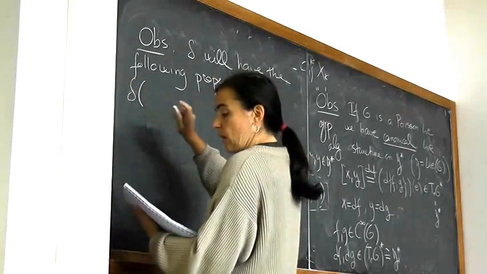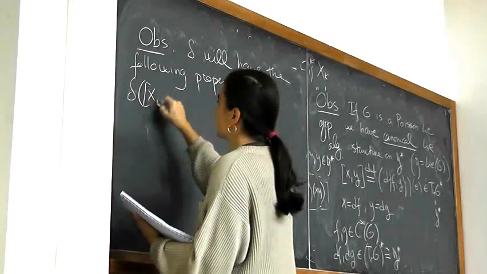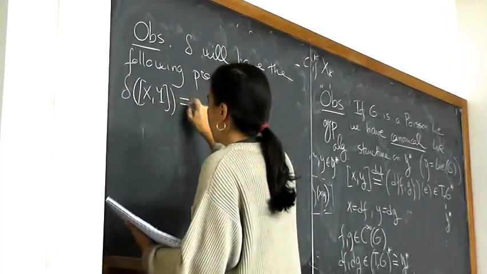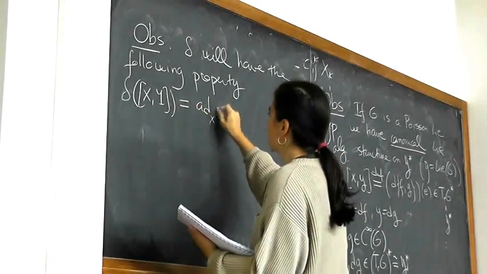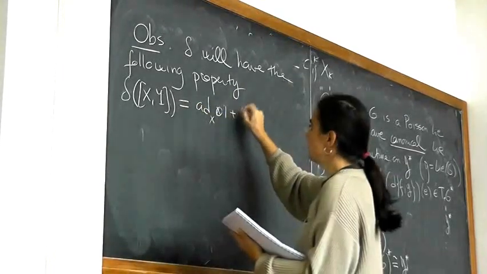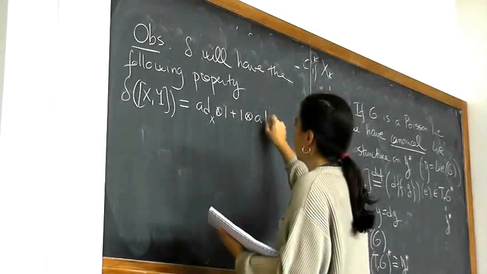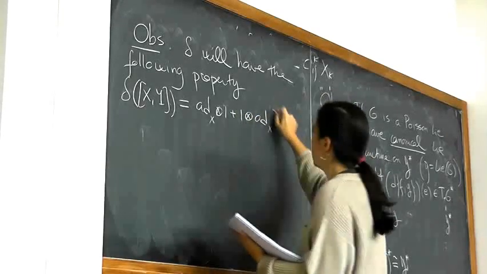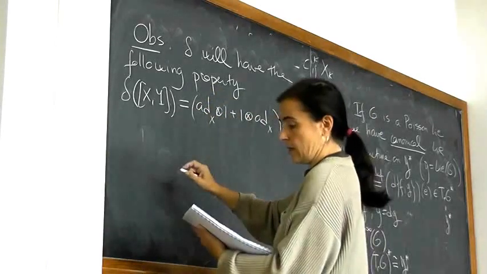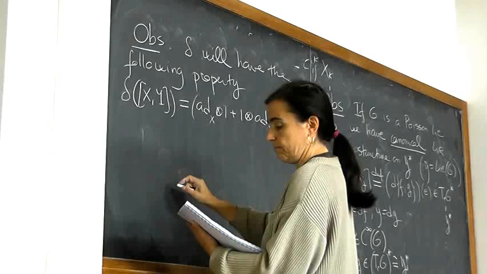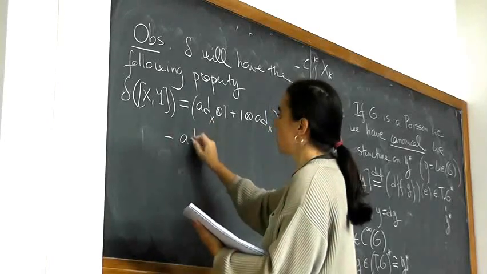Right. So I'm writing down the properties, okay? So this is what delta does. So it does the following. Plus, minus, y.